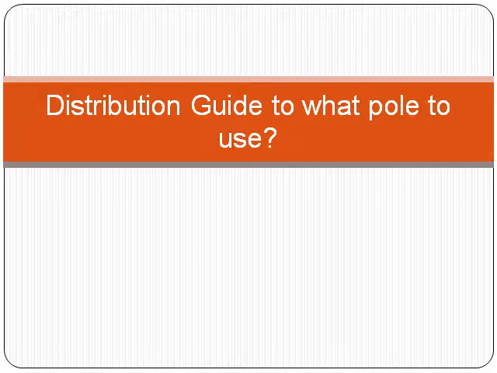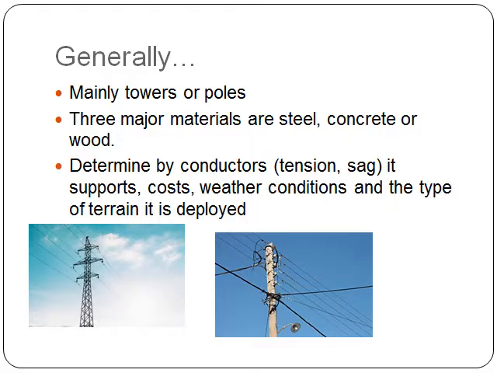In this episode, I am going to go over a distribution guide to what pole to use. In the general sense, for both transmission and distribution, there are only two structures that we generally consider, and that is either towers or poles.